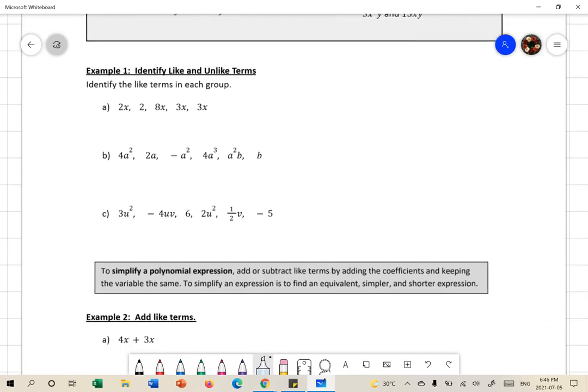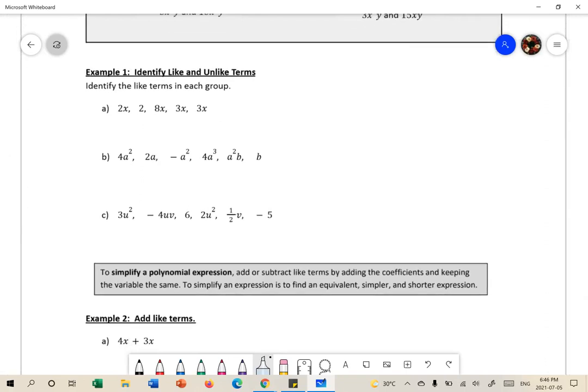Let's practice identifying like terms in each group. So in the first group, like terms are 2x, 8x, 3x, 3x. They all have variable x.